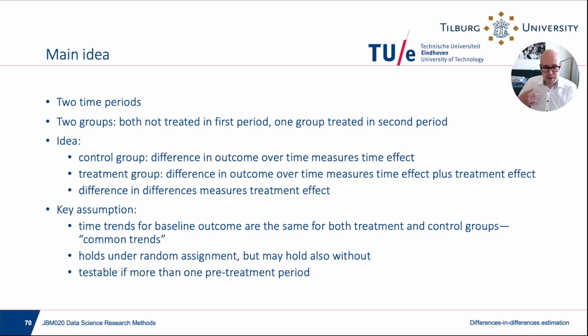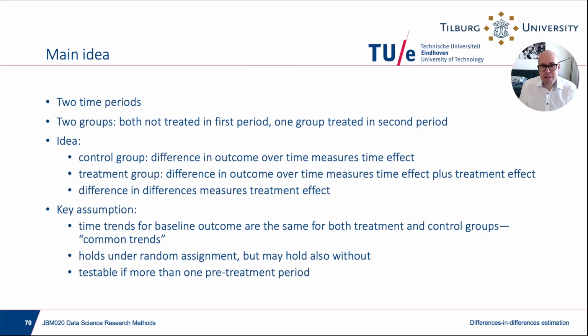So we make the thought experiment of not giving the treatment to those who actually received it in the second period in the treatment group. And then we would say, okay, what we want is that time trends in this Y0 are the same between those individuals who did get the treatment actually in our data and those who didn't.